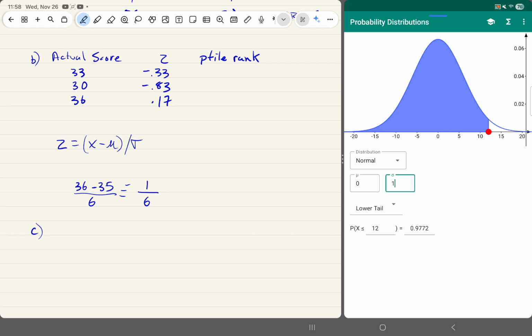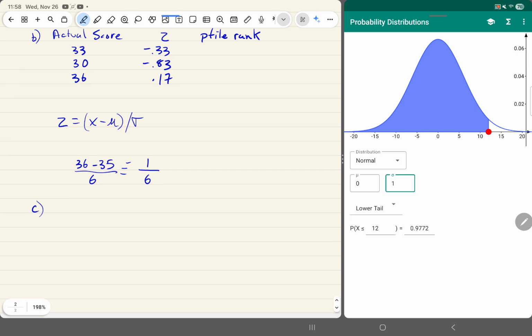Now, remember first of all that a percentile value is the score such that a given percent of all of the scores are less than that score. Okay?